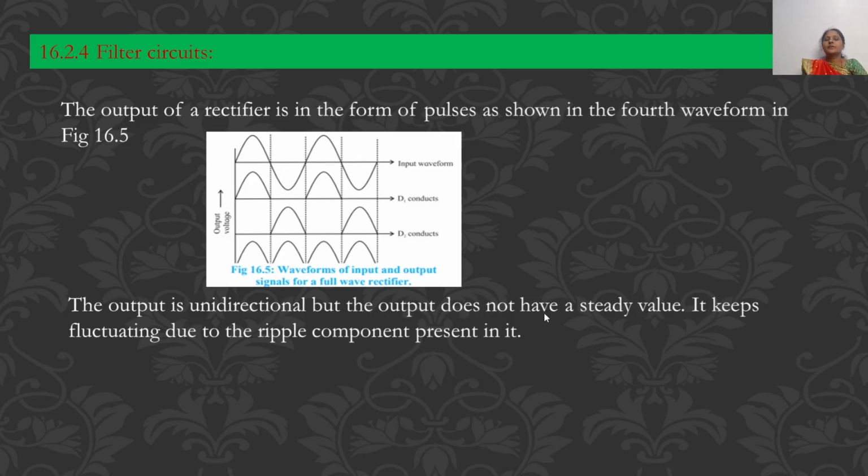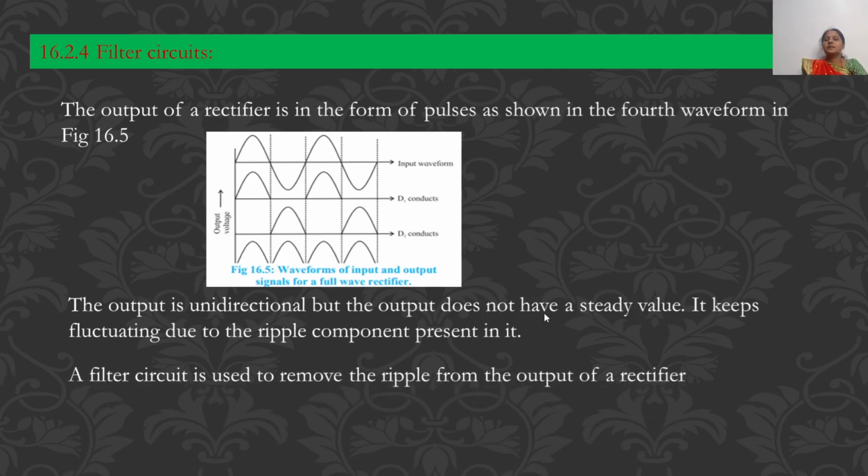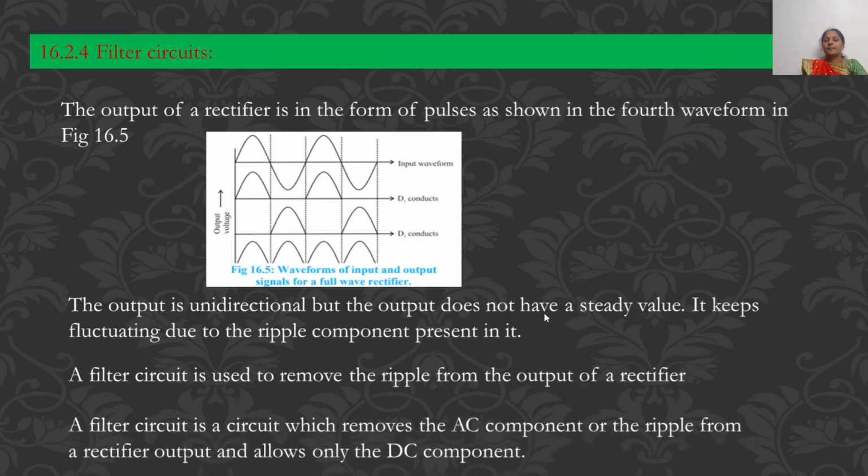It keeps flickering due to the ripple component present in it. The filter circuit is used to remove the ripple from the output of the rectifier. The filter circuit removes the AC component, or the ripple, from the rectifier output and allows the DC component to pass.